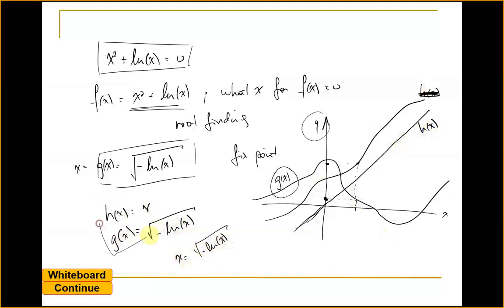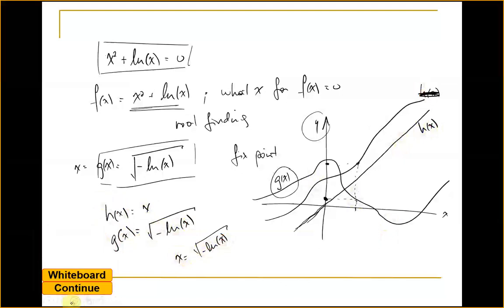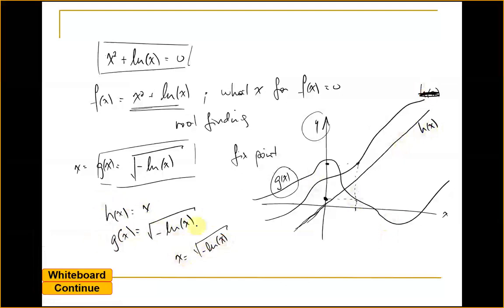If you look at both of these together, then you want to know where these two intersect. It just means this statement. Everybody clear on that? Alright, so that's what the fixed point is.